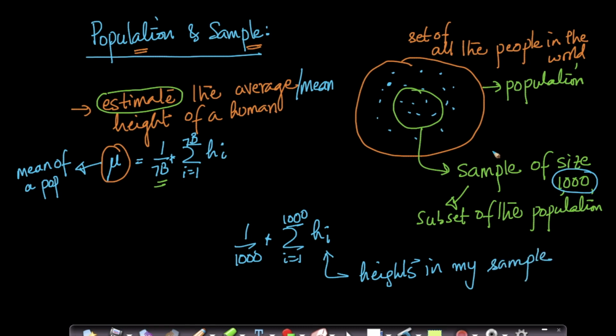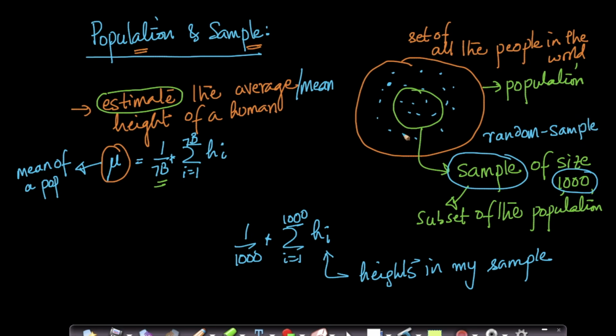Now, remember the words that I'm using. If I collected my sample in such a way that I have randomly picked 1000 people here, such a sample is called a random sample.